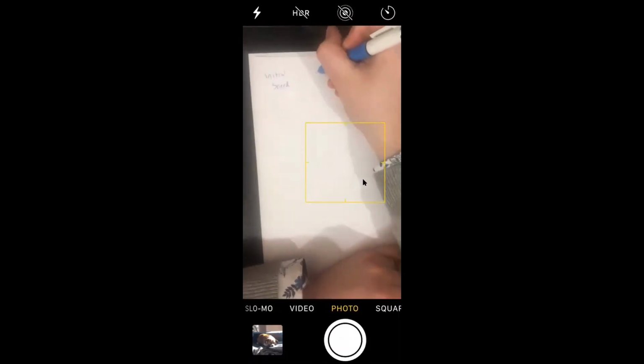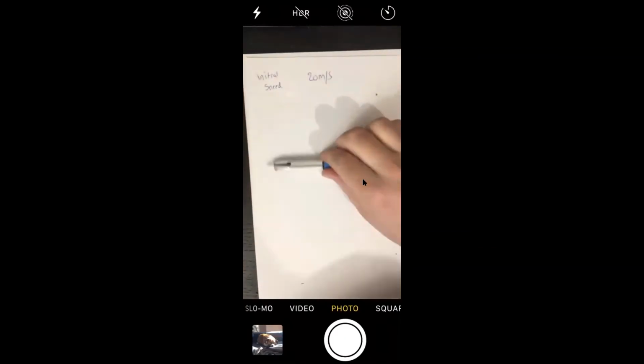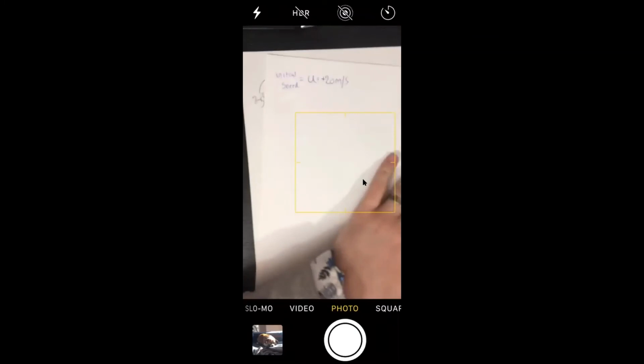That means your initial speed is 20 meters per second, and I actually have a symbol for that type of speed. We refer to that as u. So our initial speed is u. I'm going to say positive because it's a vector, so I'm going to give it a direction.